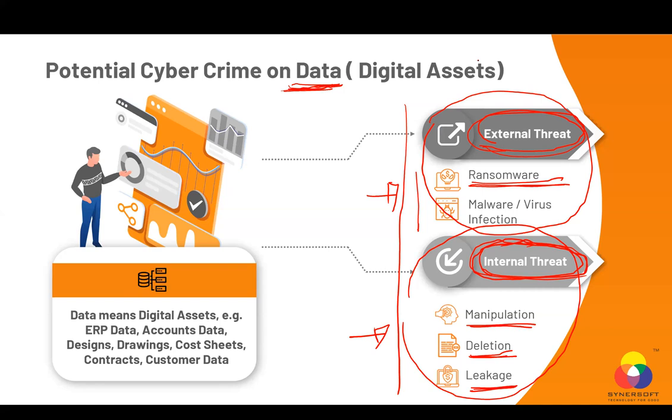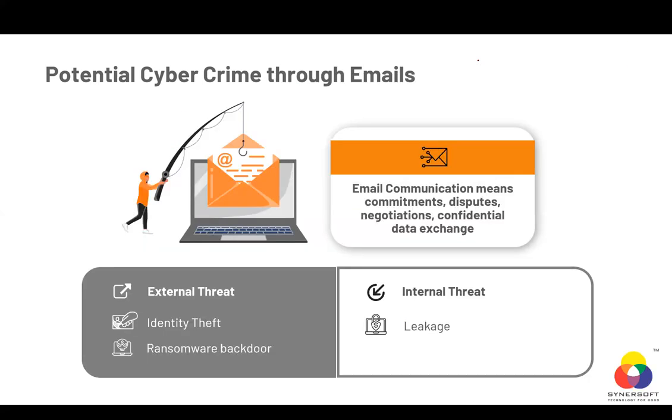Now let us understand how emails can be misused or can be used for cybercrime. So external threat is identity theft. We'll understand what this is, and ransomware backdoor. So identity theft is something where, let's say my email ID is vishal@signersoft.in, and my email account is hacked, and somebody impersonating as vishal@signersoft.in contacts my customers or employees or accounts department and gets some favor or some kind of money, because the person on the other side would think that it is Vishal whom he or she knows, and they will actually do it.